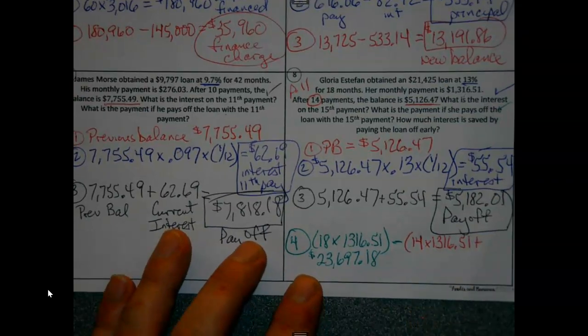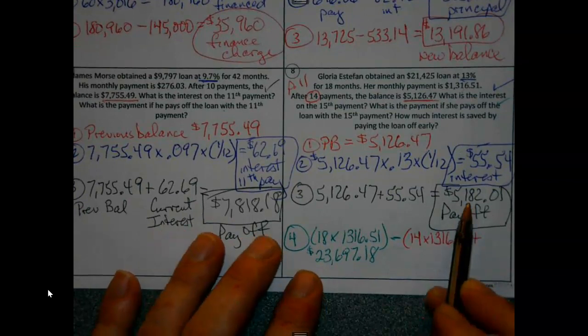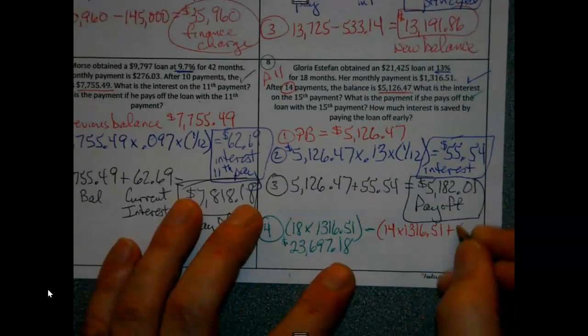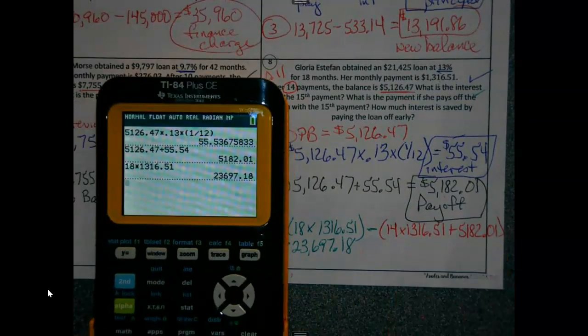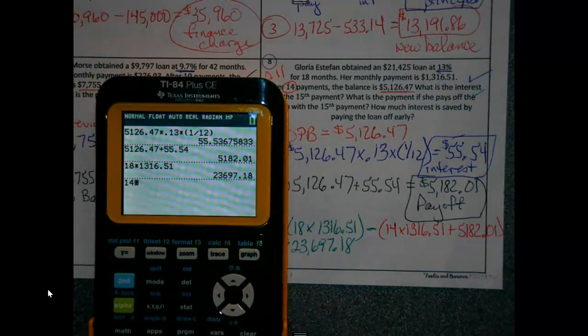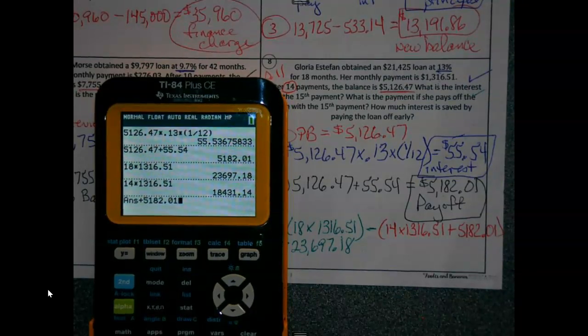But I also paid this payoff statement, this last one on top of it. So I've got to get this stuff: 14, whoops, not plus, times 1,316.51, plus 5,182.01.